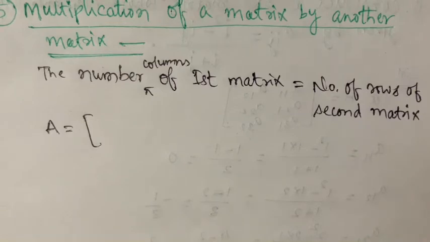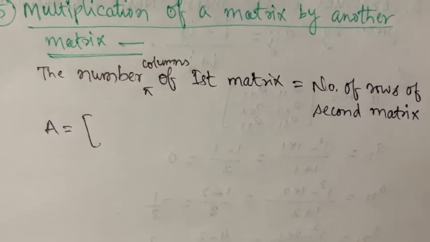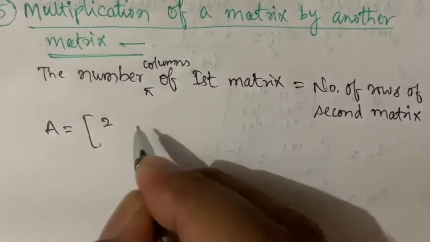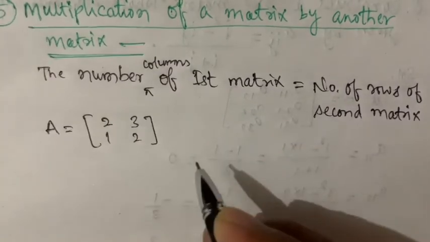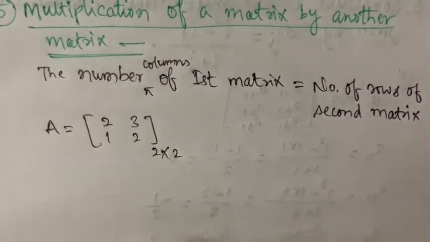Like 2 by 2 matrices can be multiplied with 2 by 2 matrices, because in this case the columns of the first will be equal to the rows of the second, and there will be no problem. Let A be the matrix 2, 3, 1, 2. Now its order is 2 by 2.